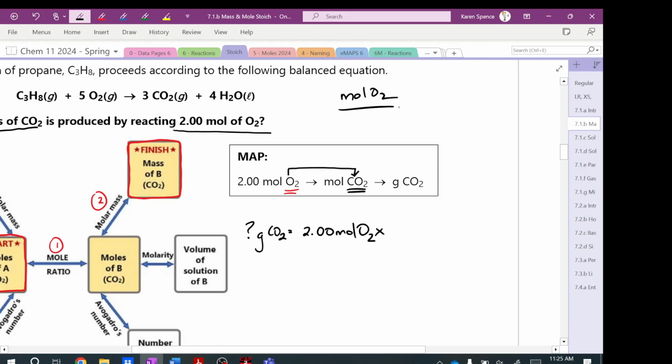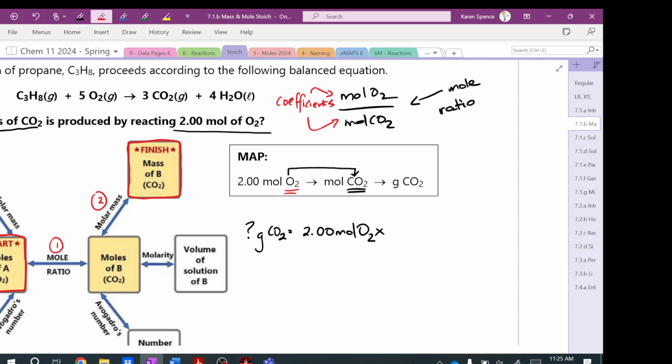Moles of O2, moles of CO2, that is our mole ratio. Where do we get the numbers? From the coefficients. Okay, this is the only thing that's different: now we're using reactants. So we're not just getting it from the formula, we're getting it from the coefficients in the balanced reaction.